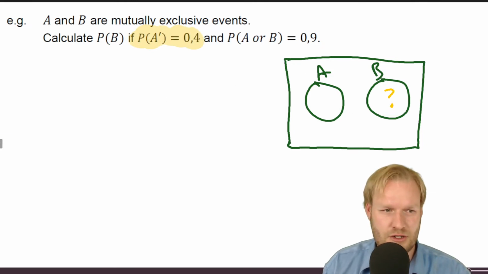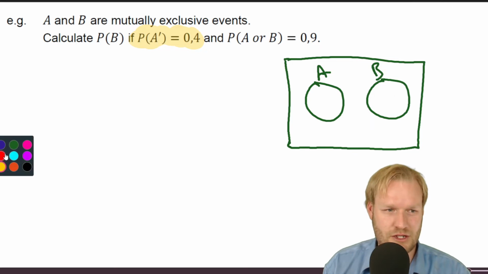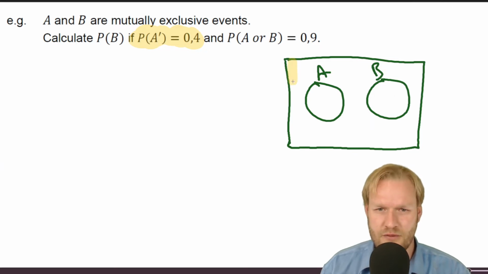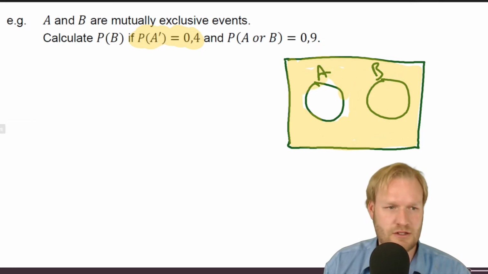So the probability of not A is 0,4. I'm going to leave that question mark for now and say, well, this stuff here that is not A, let's highlight it, all of these things add up to 0,4, right? Let's capture that thinking.